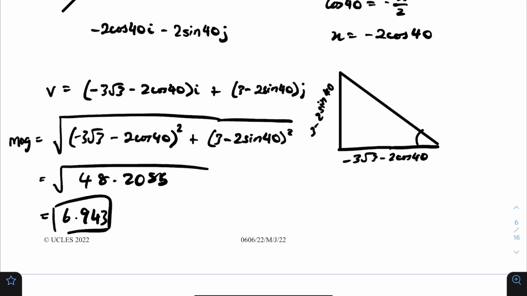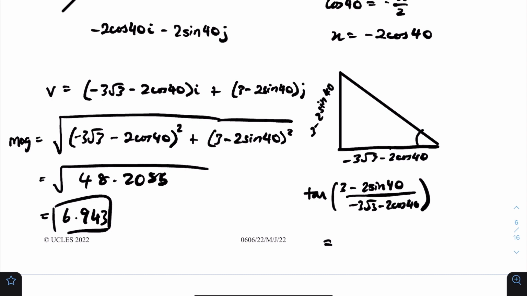So we know that the tangent, we have to figure out the tangent of 3 minus 2 sine 40 over negative 3 root 3 minus 2 cos 40. So we need to find the tangent of that first. So let me do that right now.